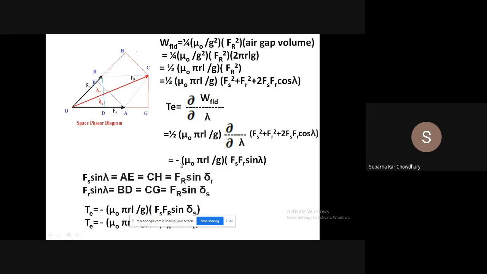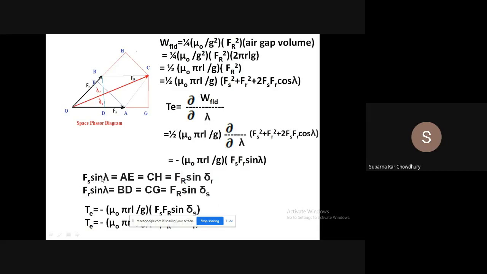So this will give you minus mu 0 pi RL by G Fs Fr sin lambda. This minus sign actually indicates the direction. Basically we have considered generator action, so that torque will be a braking torque, so this negative sign comes.